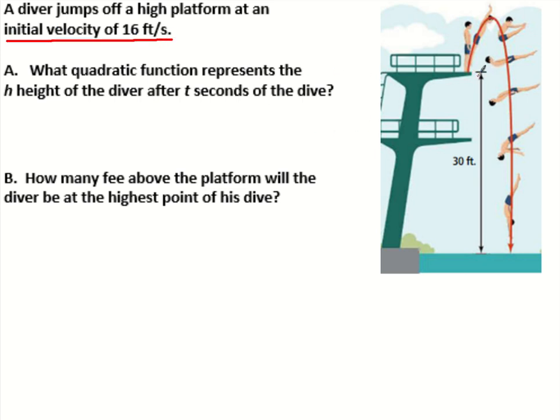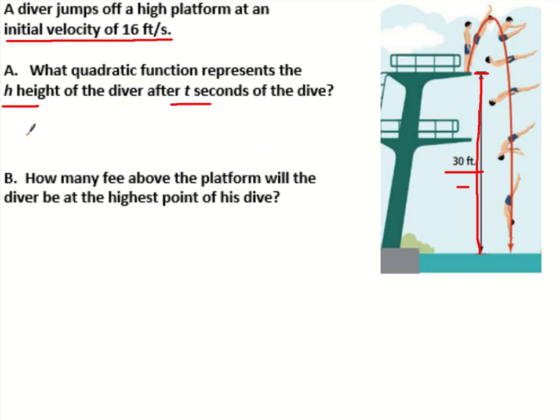And we can see right here his initial height, he is starting up 30 feet above the water. That's his initial starting point, 30 feet above the water. And his initial velocity is 16 feet per second. So we can use the vertical motion model to write a quadratic function to represent his height after t seconds.